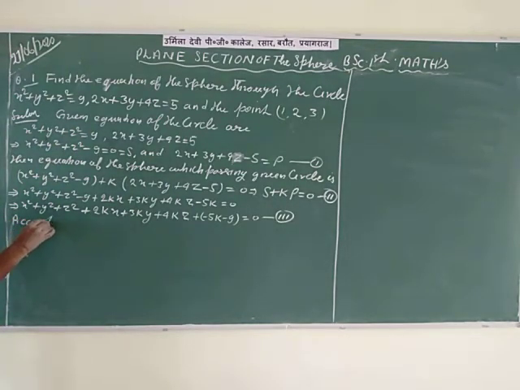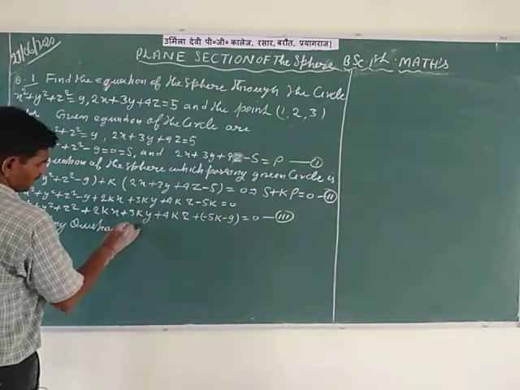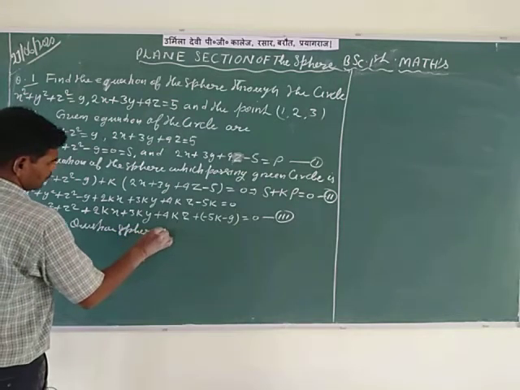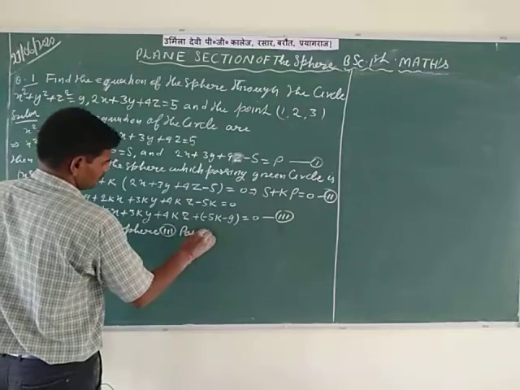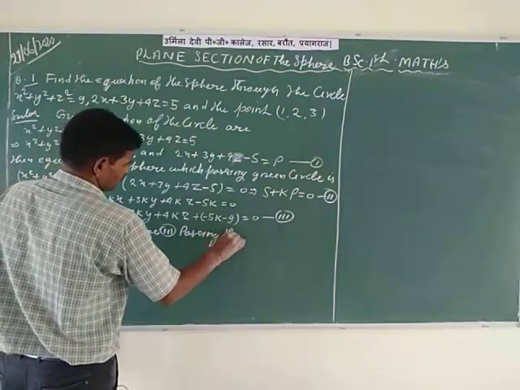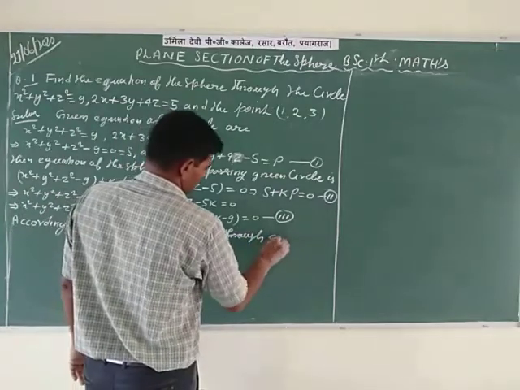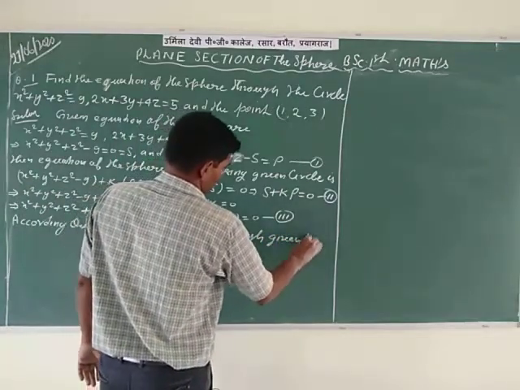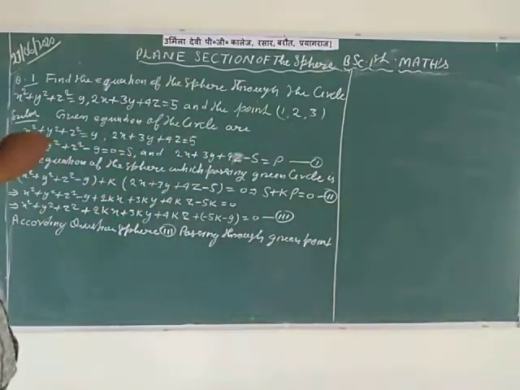So according to the question, sphere third is passing through the given point whose coordinates are 1, 2, 3.